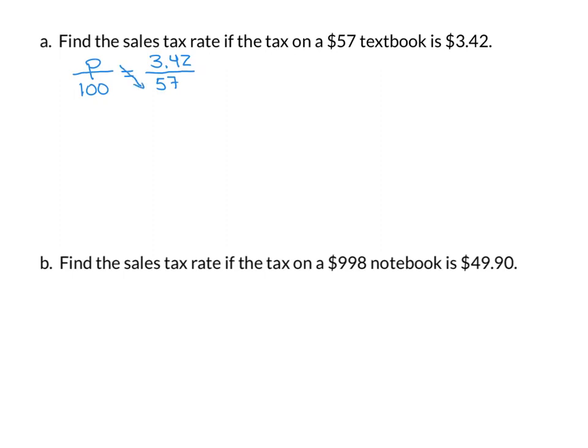If we cross multiply, we get 57P equals 342. If we divide by 57 on both sides, we get P equals 6%.